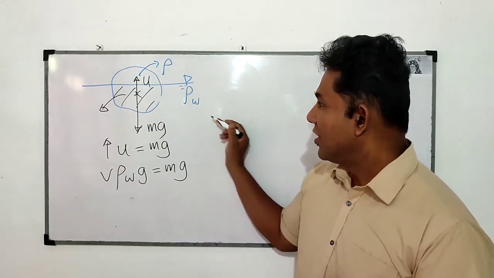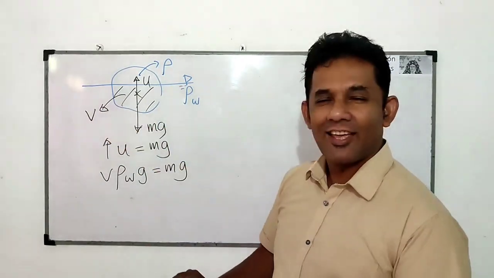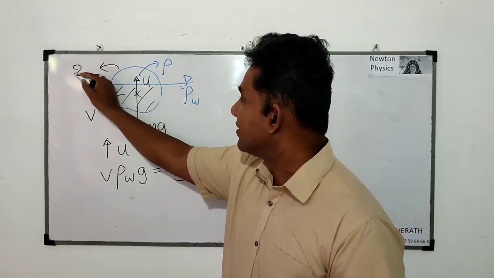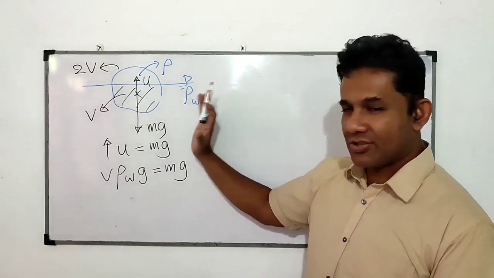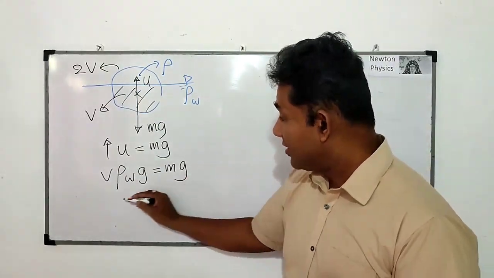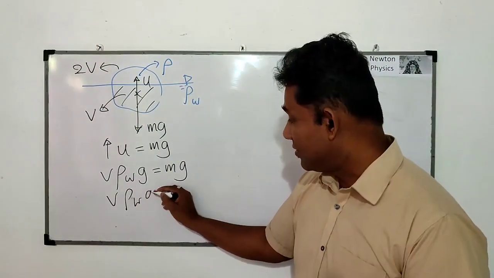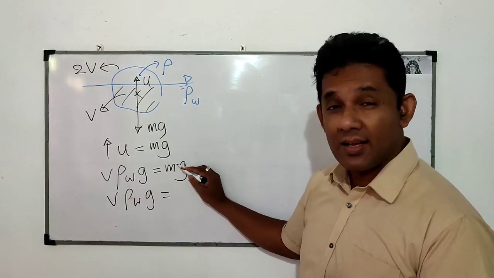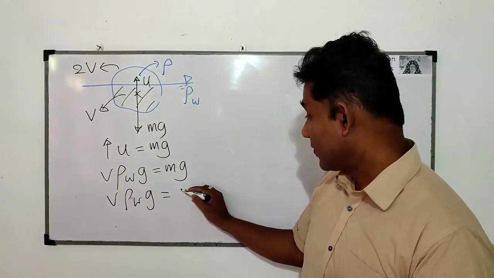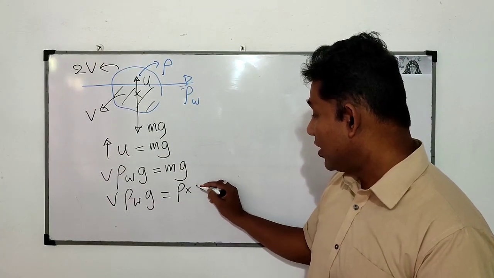That means if this volume is V, then the total volume of this object is 2V. Here the fraction in water is half, and so V rho W g equals, now I need the mass of this object. Mass is density times volume.